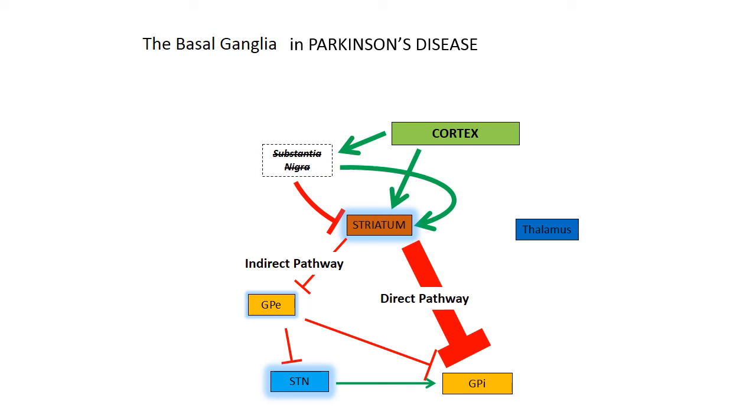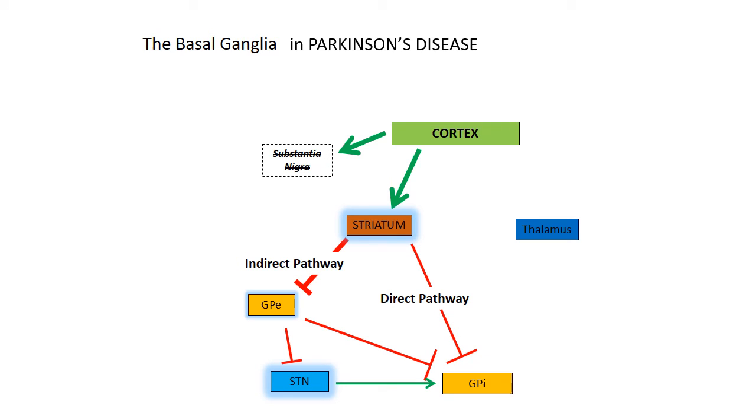And by looking at our diagram here, we can predict what's going to happen and how it will cause these symptoms of bradykinesia. So we lose the substantia nigra, we lose the input of dopamine on the direct and indirect pathways. The direct pathway has now lost an excitatory input, meaning it's less active.